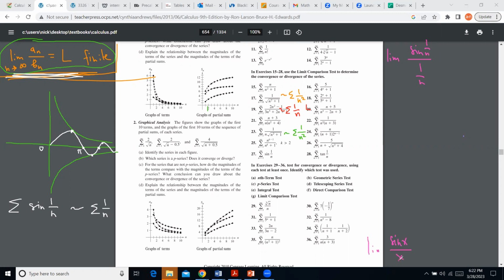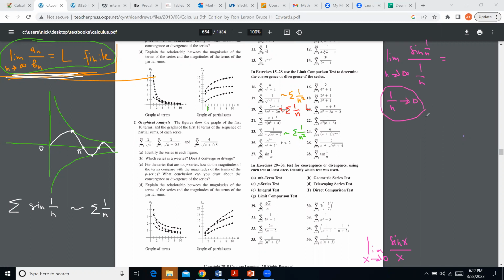But that happened when x was approaching 0, right? So in our case, n approaches infinity, but notice that if n approaches infinity, then 1 over n approaches 0, isn't it?